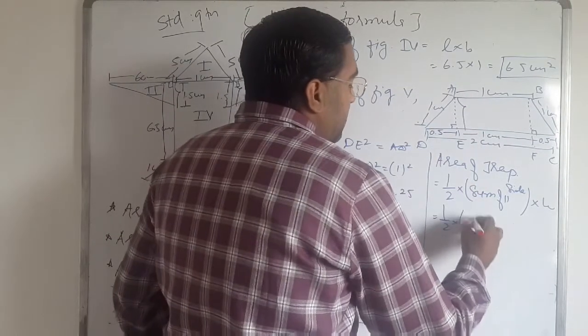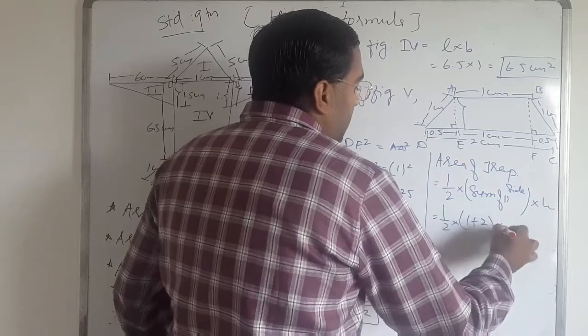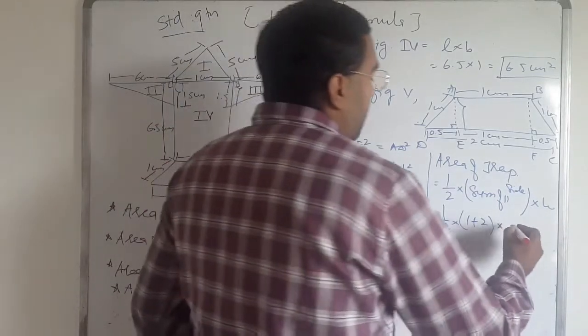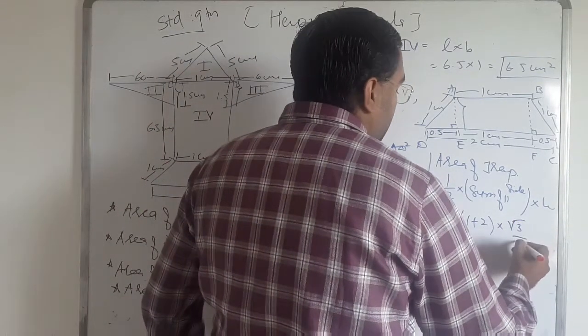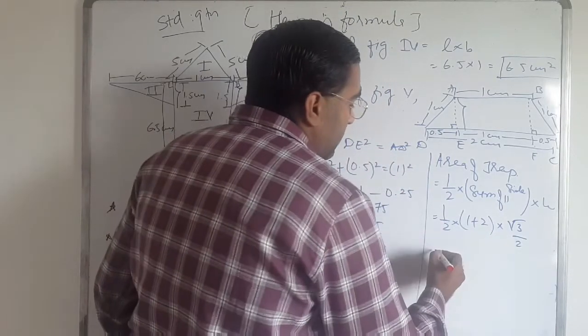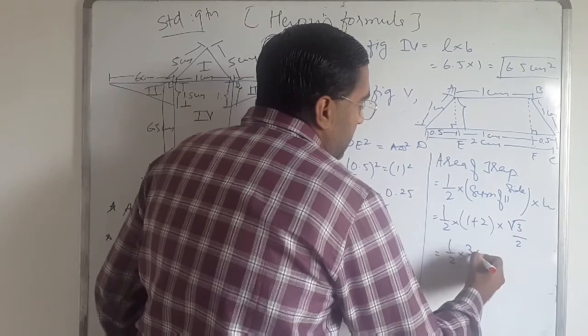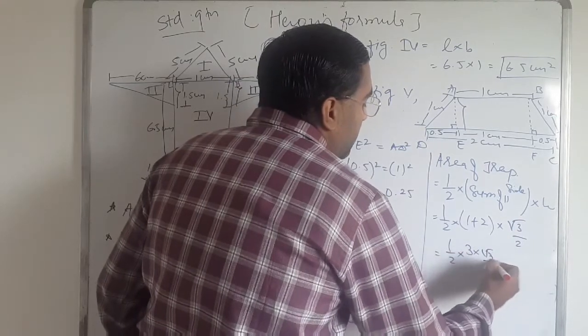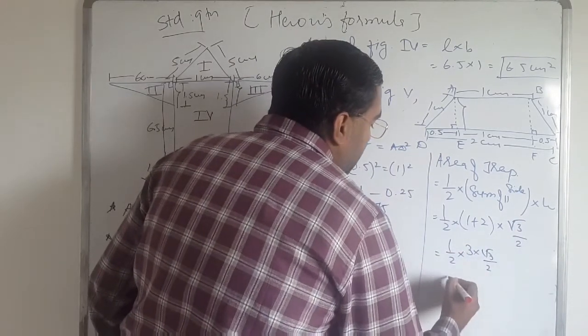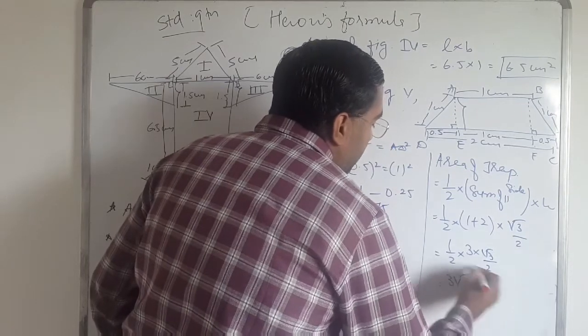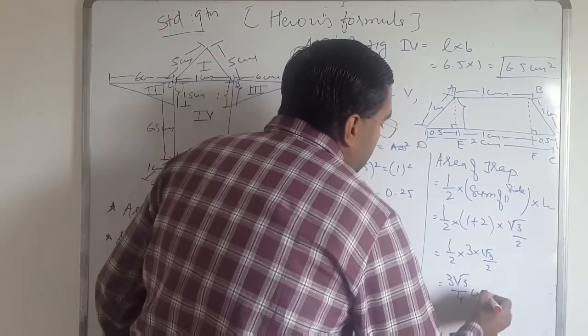So the sum of parallel sides is 1 plus 2, into the height we found, root 3 by 2. Therefore 1 by 2 into 2 plus 1, which is 3, into root 3 by 2. So my answer is 3 root 3 by 2 times 2, which is 4.